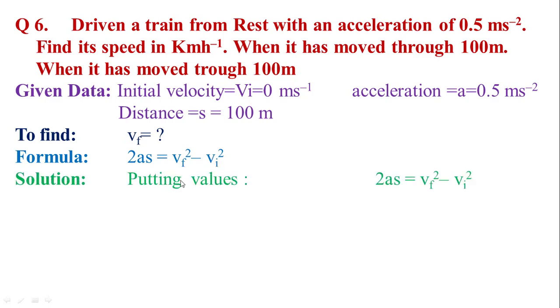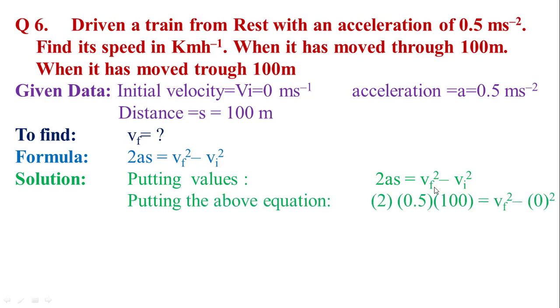Solution: putting the values in this formula, 2aS is equal to Vf square minus Vi square. Then in the above equation, 2 multiplied by 0.5 multiplied by 100 is equal to Vf square minus 0 square. Multiplying 2 by 0.5 by 100, the answer is 100, which is equal to Vf square minus 0.